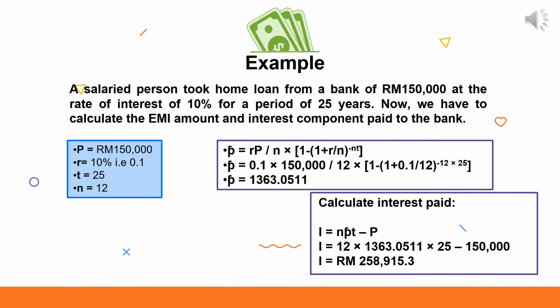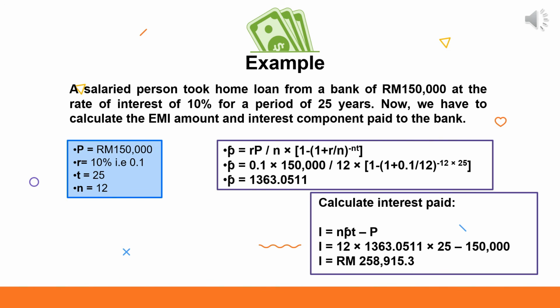Using the calculator, we get the answer 1363.0511, and that's the answer for the EMI amount.